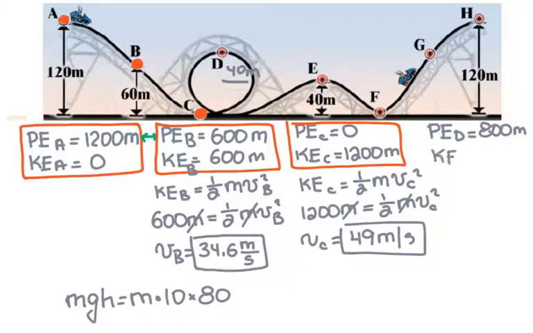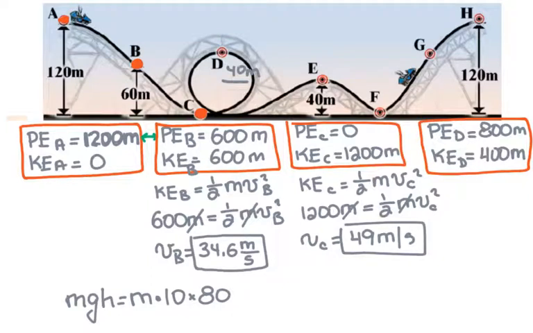The total energy of the system is 1200 m, so the kinetic energy at D has to be 400 m, because the total must stay 1200 m.